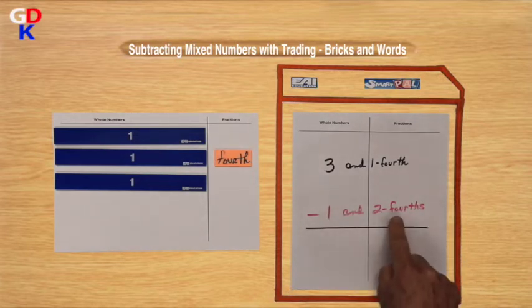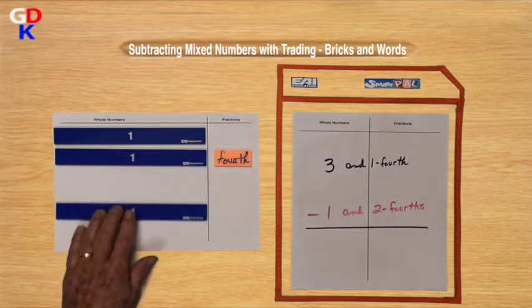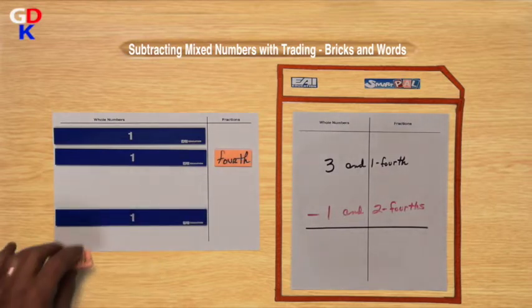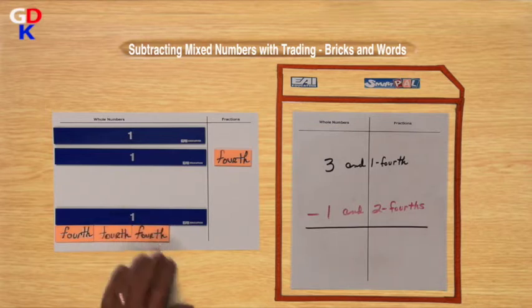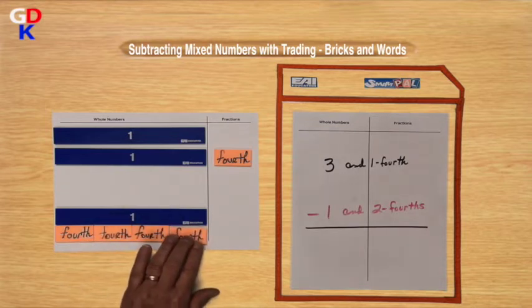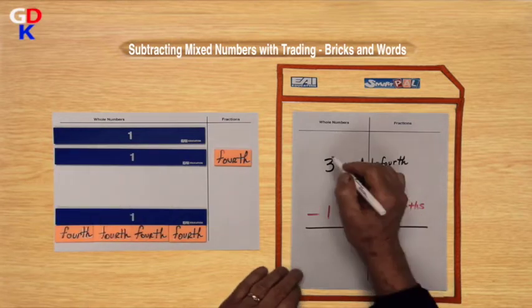I want to subtract 2/4, but I only have 1/4. But what I can do is I can trade one of my 1s for 4/4. And let's record what we've done. So we've traded one of our 1s, so that leaves us with 2 1s.